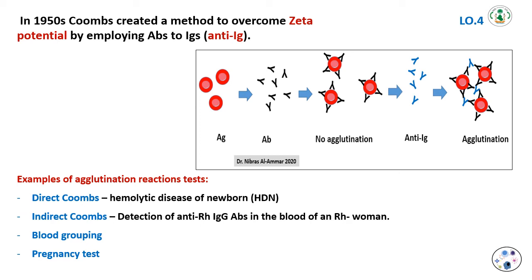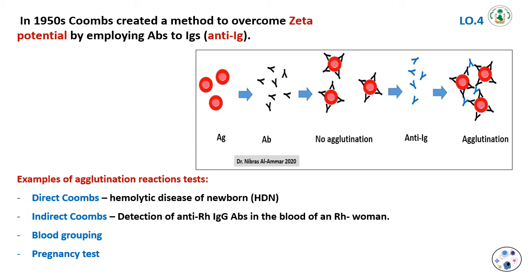When bound together, there is no agglutination because the zeta potential keeps these particles far away from each other. By adding anti-immunoglobulin, agglutination occurs.